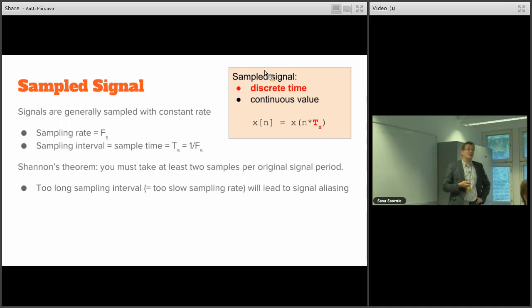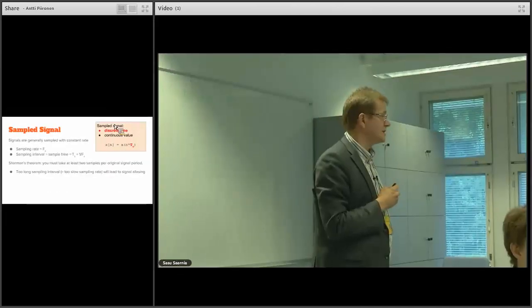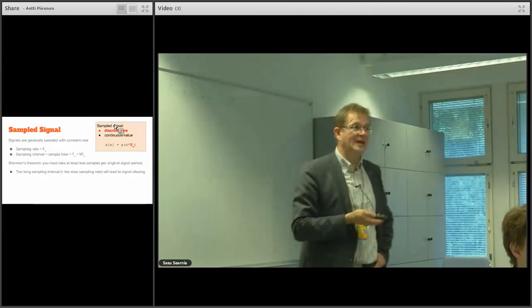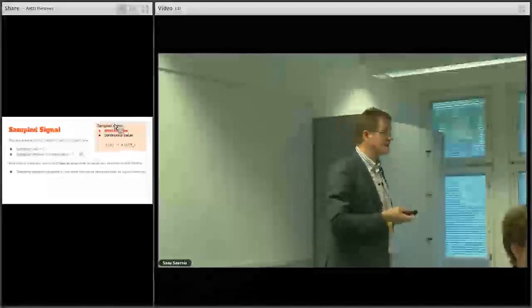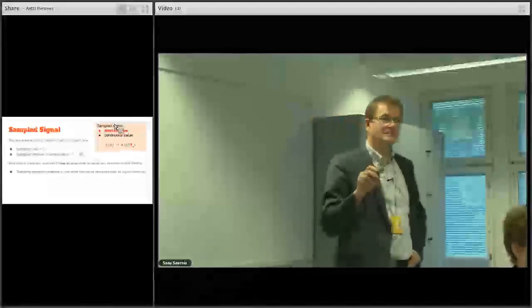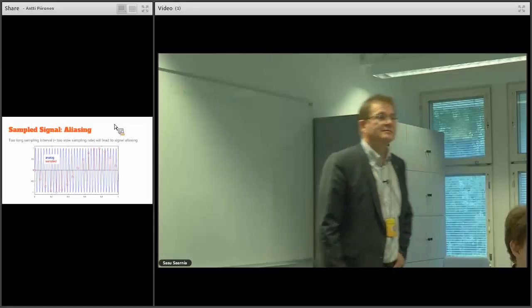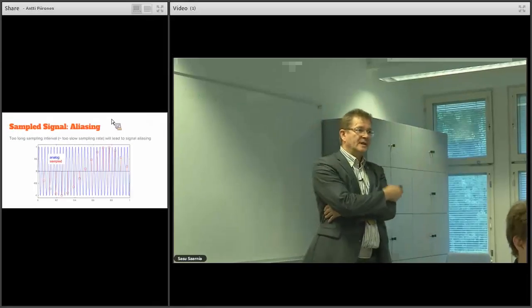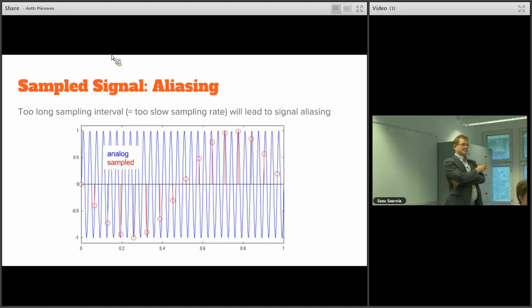When you are sampling a signal, you want to avoid so-called aliasing, and that's where Shannon's theorem comes in. If you have taken the fundamentals of telecommunication, you should be aware of Shannon's theorem. You need at least 2 samples for each period of the signal. Otherwise, this will happen. The blue one is a sinusoid, an analog signal.